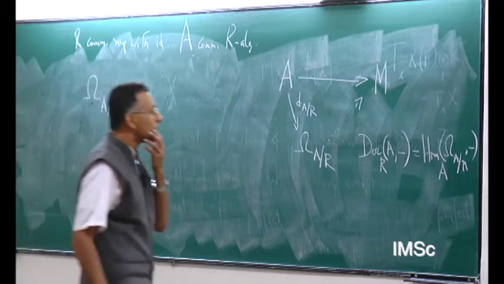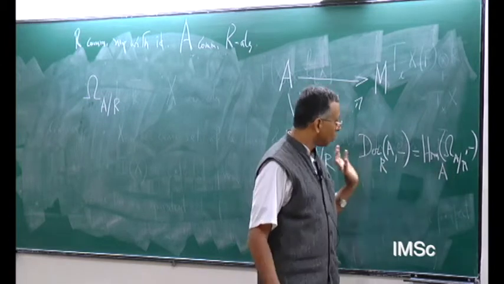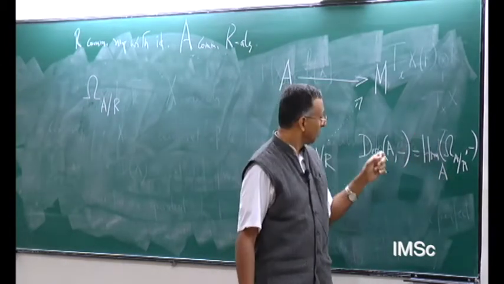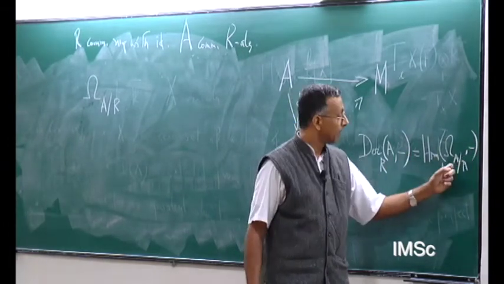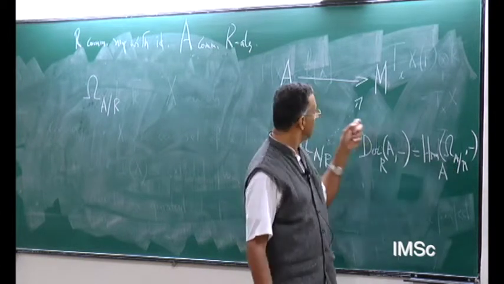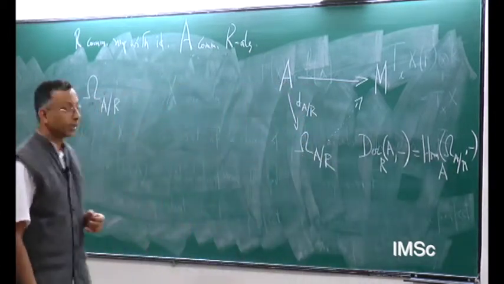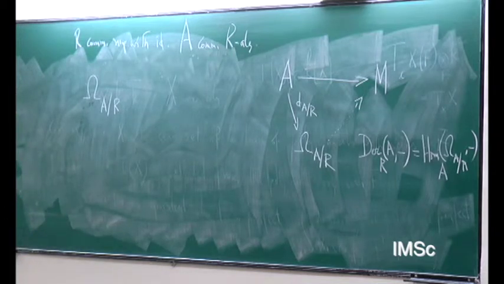Right. So it is the object which, you can pose this question where I put the same dummy variable here and say, can I fill this blank in? And indeed you can. As we observed, from the way it is posed, it is clearly unique up to unique isomorphism if it exists.